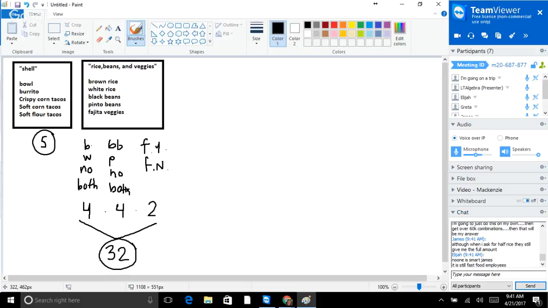And so if we just went into Chipotle and they were out of all meat, and you just wanted to talk about combinations of shells and rice, beans, and vegetables, we're already up to how many combinations? 32 times 5, right? 160 combinations. And if you count half rice, then that's double that, 320.